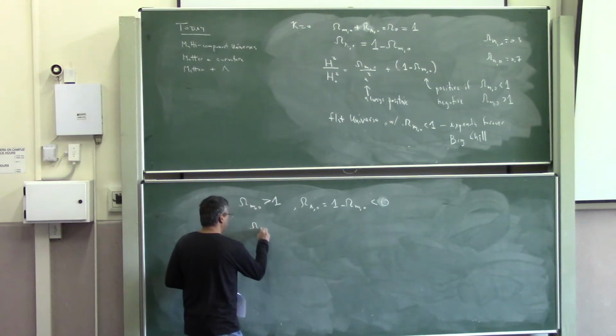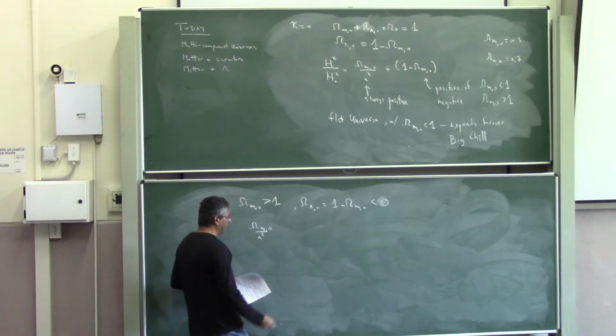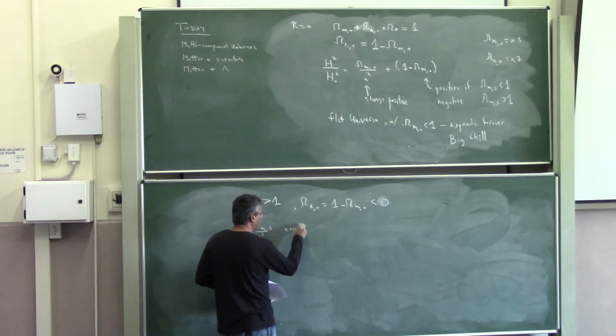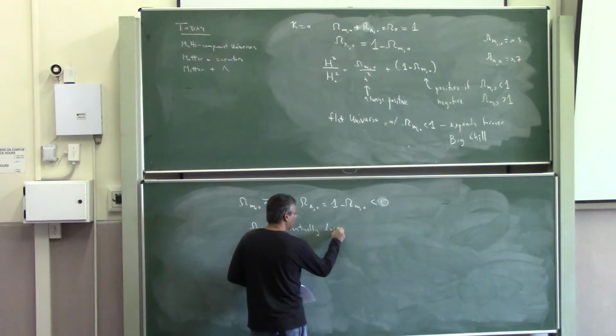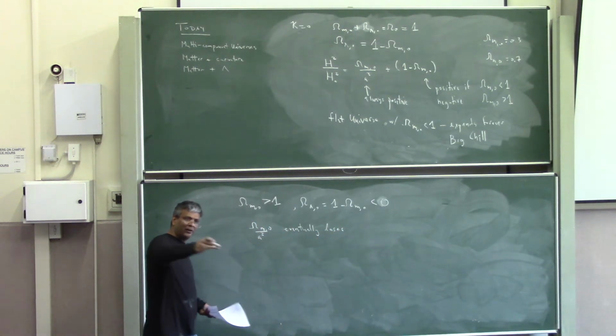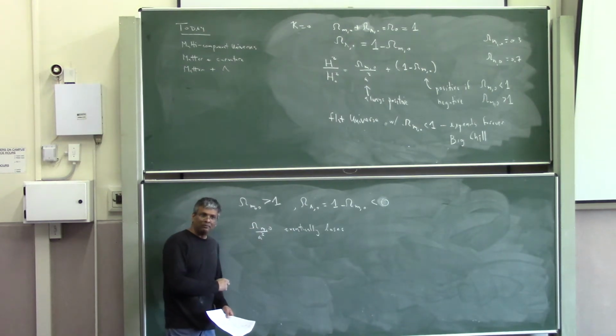So omega m0 over a cubed, however positive it happens to be, eventually becomes smaller than the other term, because a is getting bigger, this term is getting much, much smaller. So a is in the denominator.